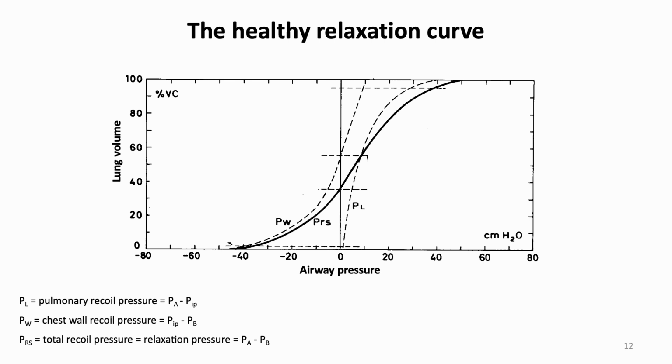respiratory system. With that I mean the lungs and the chest wall as a whole. If the respiratory system wants to contract, become smaller, the airway pressure will be positive. If the respiratory system wants to expand, the airway pressure will become negative.